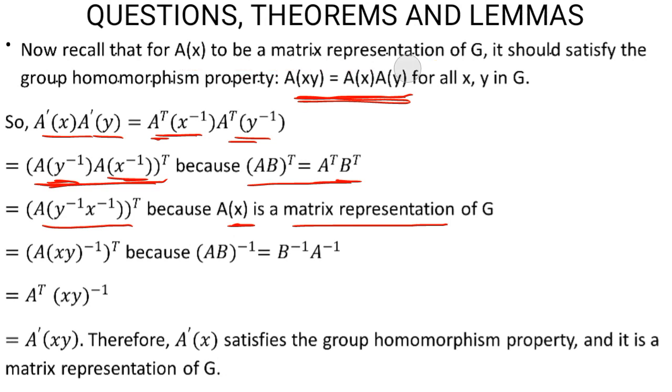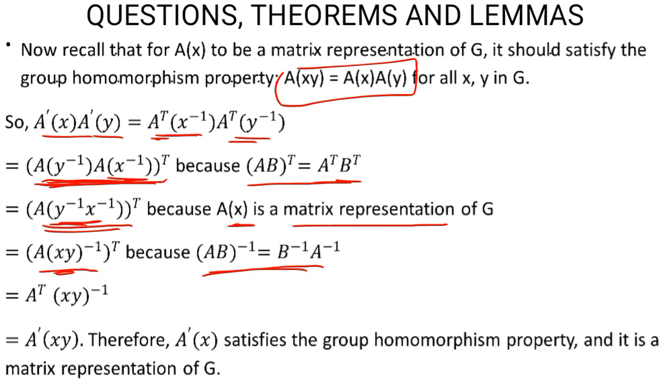Based on the matrix representation, I can write this as this, okay? And I believe you already know that once you see y inverse, x inverse, it's the same as (xy) inverse, okay? And the transpose keeps following quietly. This is because of this rule, okay?